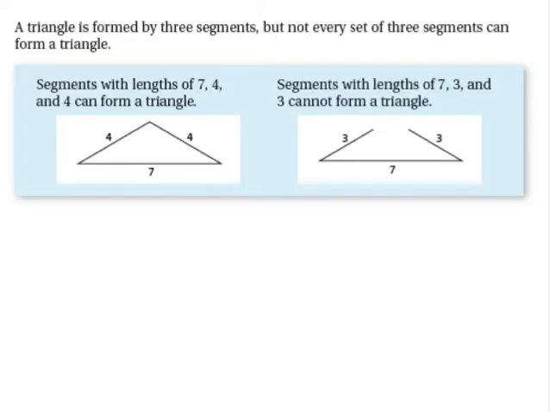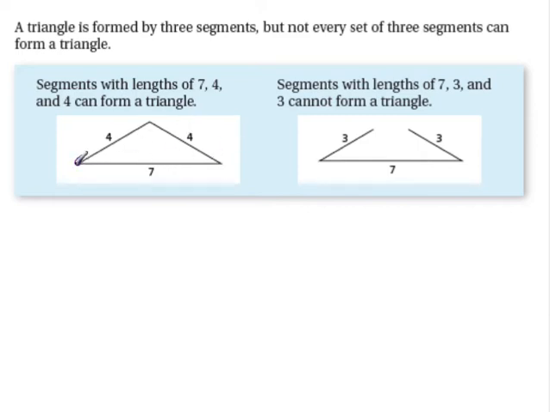Now, the next theorem I'd like to talk about is the fact that if I know side lengths, there are only some side lengths that will allow us to create a triangle. So if you notice over here, I have a side that's 7, and I have two other sides, 4 and 4 each, and the sum of these two is bigger than 7. 4 plus 4 is 8.